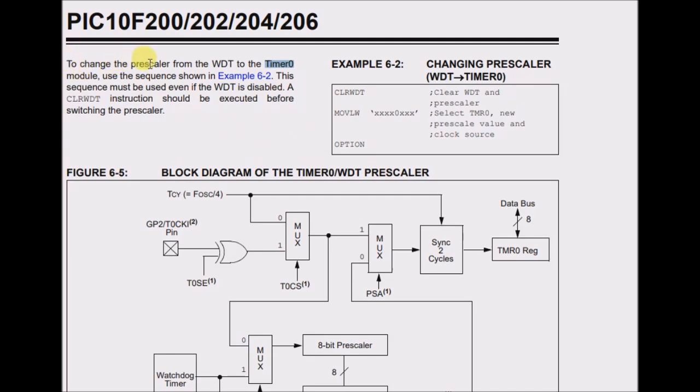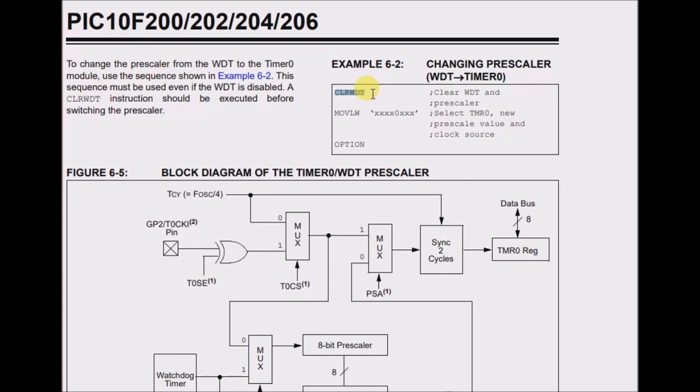Okay, to change the prescaler from the WDT to the Timer0 module, use the sequence shown in 6.2. This sequence must be used even if the WDT is disabled. A CLRWDT instruction should be executed before switching the prescaler. Changing prescaler from WDT to Timer0.